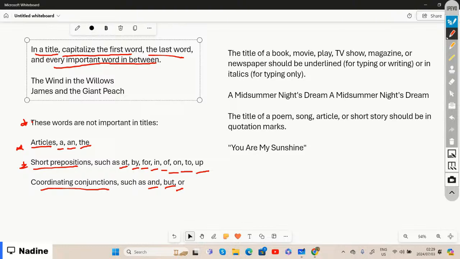All right. If we look at our example, it says, "You Are My Sunshine," and that is in quotation marks. That means that it's either a title of a poem, a song, an article, or a short story.